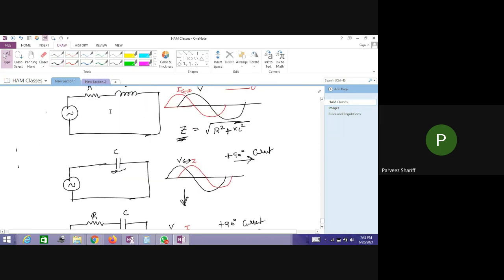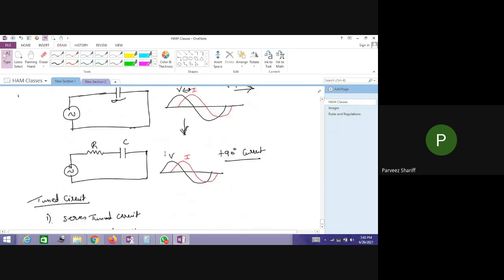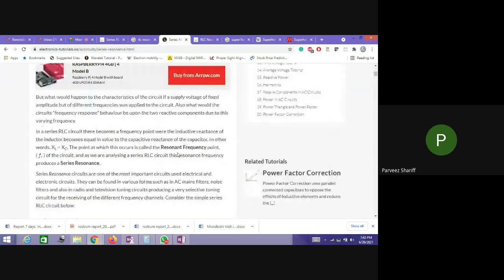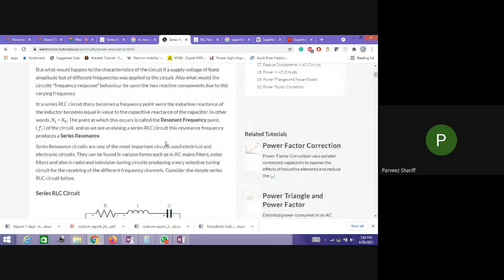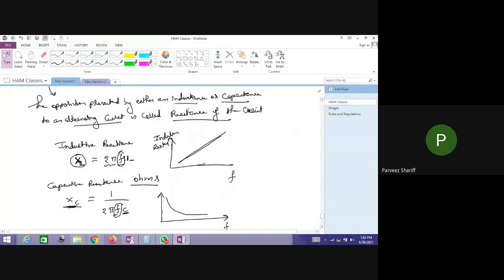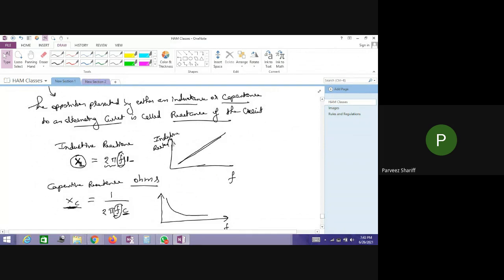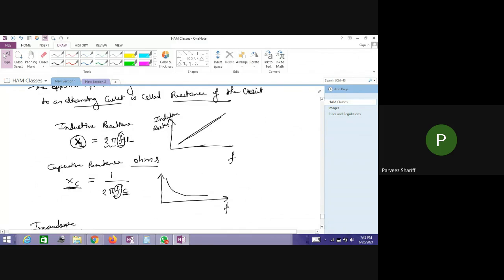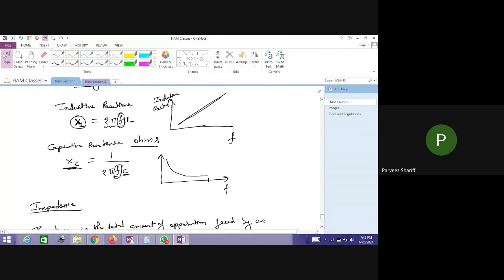Now whatever we have studied here, we are going to apply that in a circuit in a series fashion and in a parallel fashion, and then we will see how it responds and what the behavior is. We have seen before that the reactance of the inductance is directly proportional to the frequency, whereas the capacitive reactance is inversely proportional to the frequency.